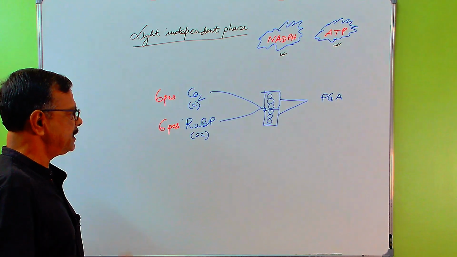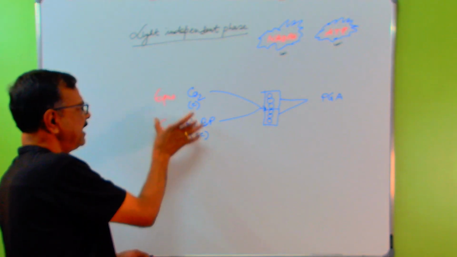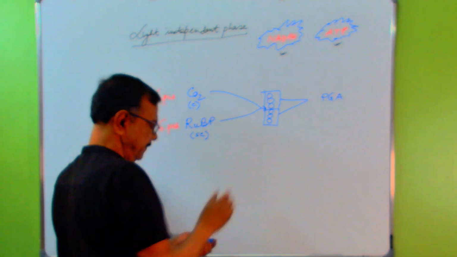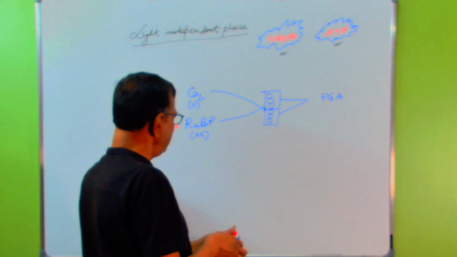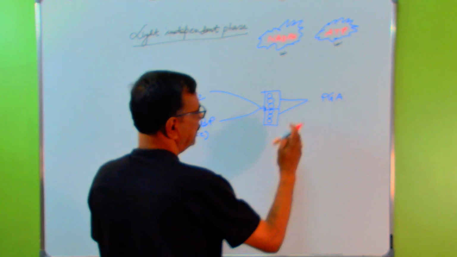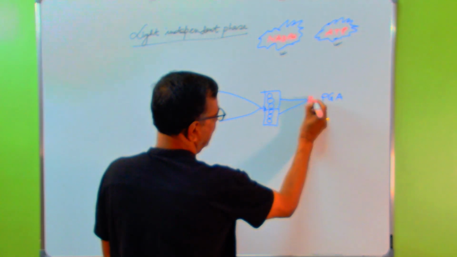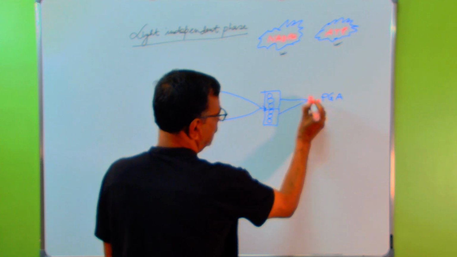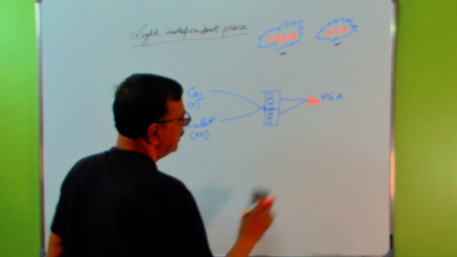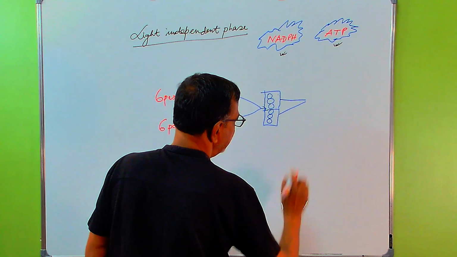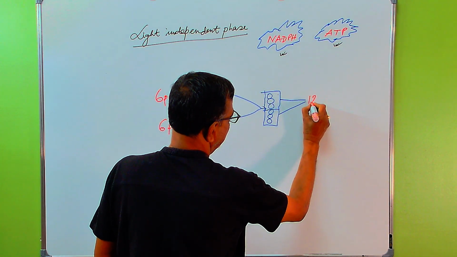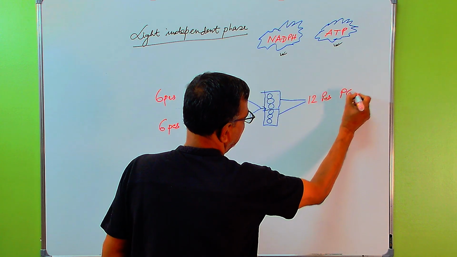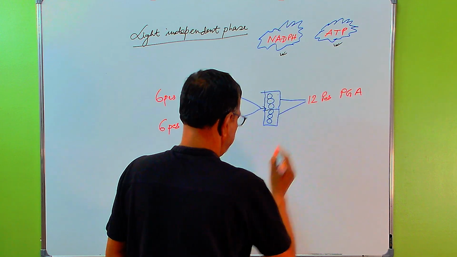How many pieces? Here 6 and 6, so 12 pieces of phosphoglyceric acid will be produced.